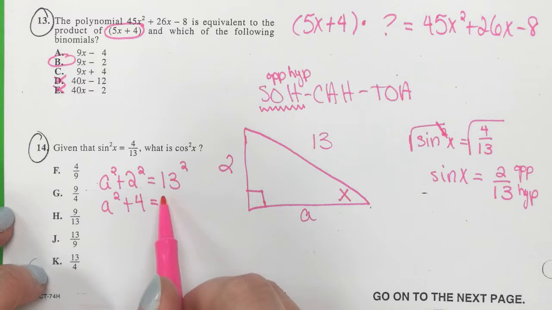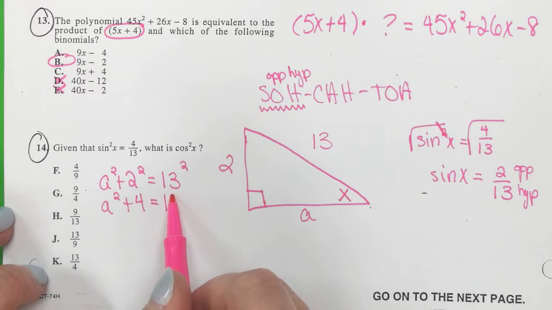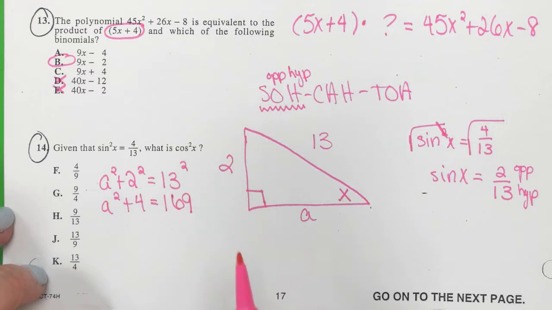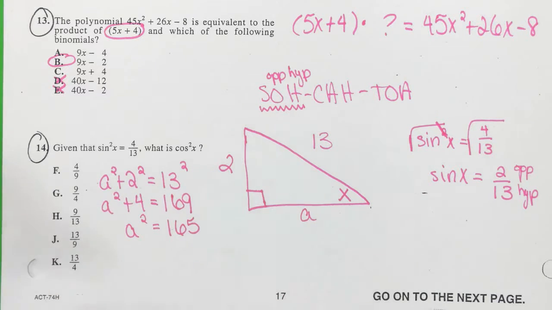What's 13 squared? 169. Subtract them and you get 165. Can we square root that? You get your calculators? It's not going to be a perfect sum. It'll be close enough. How much is that?